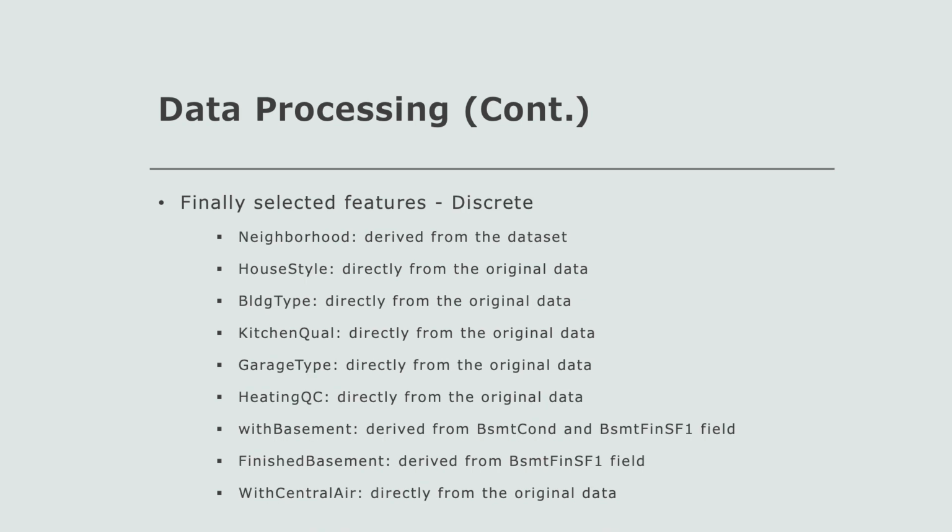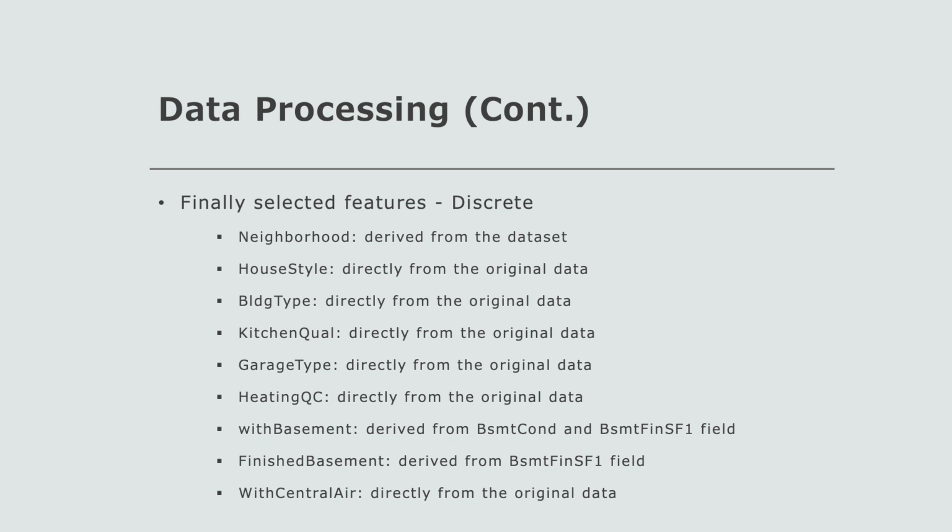Now let's look at the discrete features. First off, we have neighborhood, like we talked about before, which is derived from the data set. If a house is in the College Circle file, then the neighborhood is called College Circle. And then we have the following features that are related to the house itself.